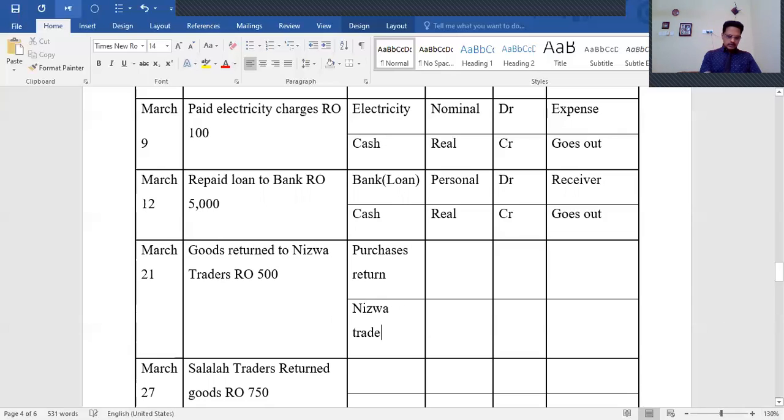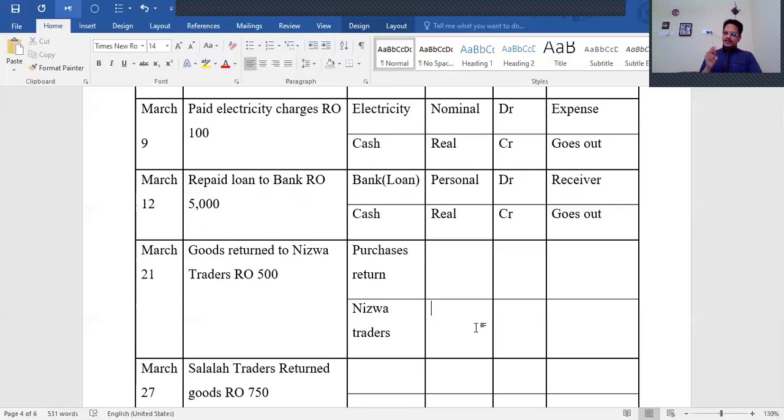In NISWA traders, the customer name is always needed, because in Tally, or most of the accounting software, you have to write the account of the person. That means the personal account is to be debited or credited. But in ACCA material, you have to understand it as account payable or account receivable, or sundry creditor or sundry debtor. Sundry creditor, bills payable, account payable are all the same. So you have to understand both.